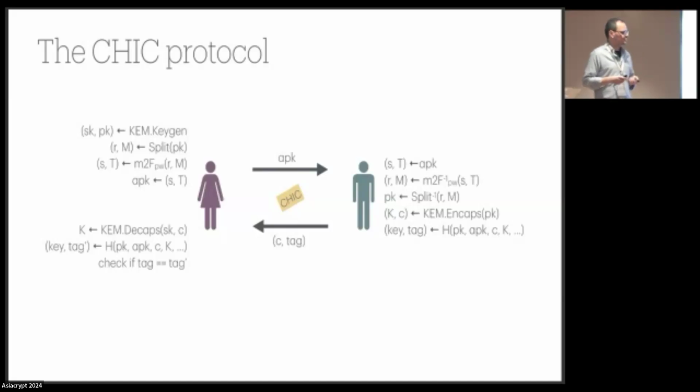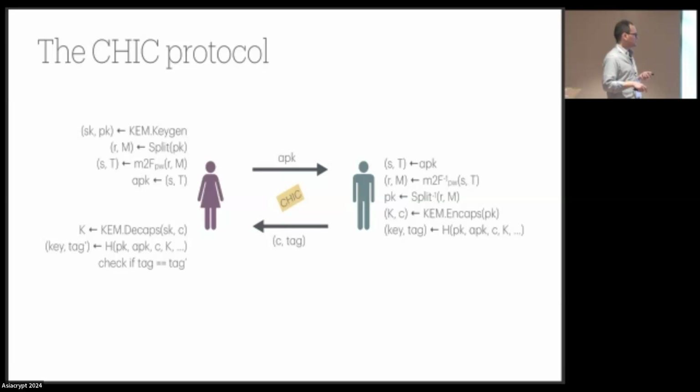So how does our protocol look at the end? It looks very similar to the one-way EEC that we have seen at the beginning. Alice generates a secret key public key pair, then splits that public key into R and M so that it can feed both wires, then applies the password, encrypting the public key by feeding both wires to this modified two-Feistel network, obtains S and T, and this S and T then becomes APK, which is sent to Bob.